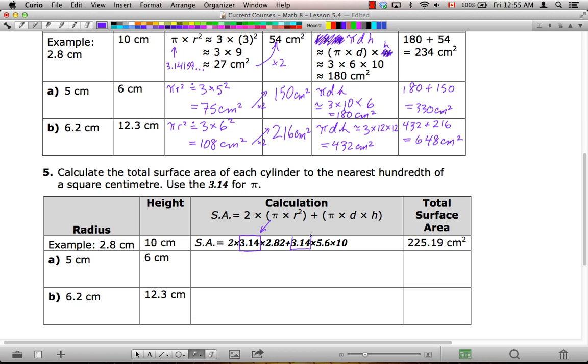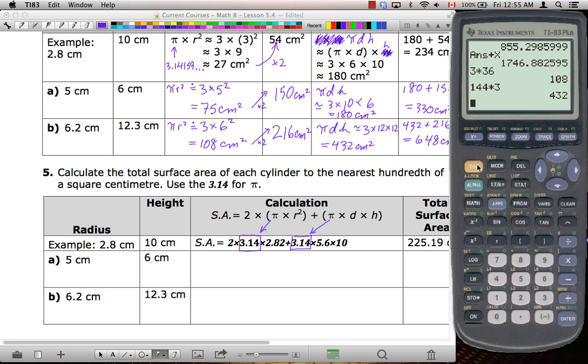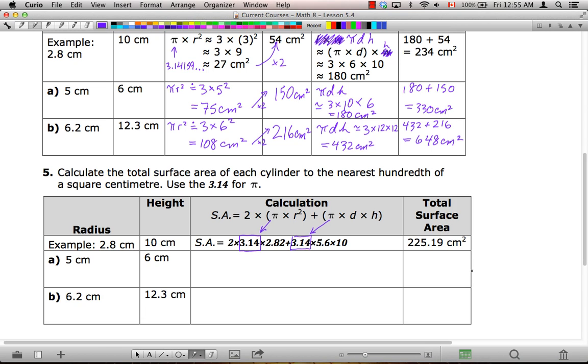Even though pi is actually not exactly that, take a look on your calculator, pi has more digits than that, 3.141592, and so on. But it goes on forever and it never repeats. So at some point, it makes sense to do some rounding. And so the textbook, with all the questions it does, uses 3.14 for pi.